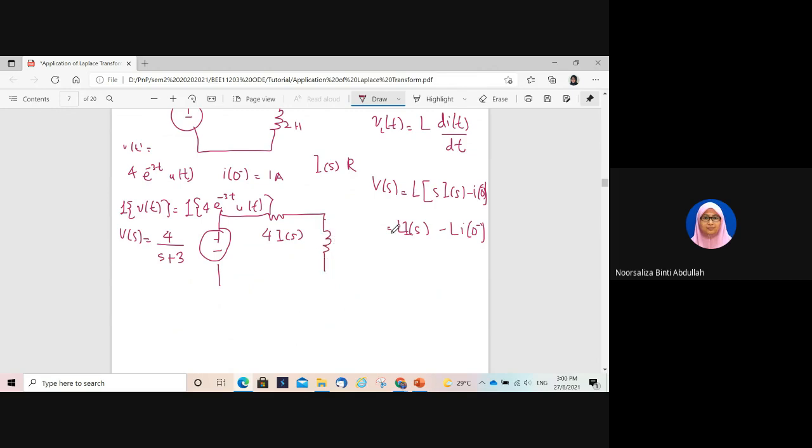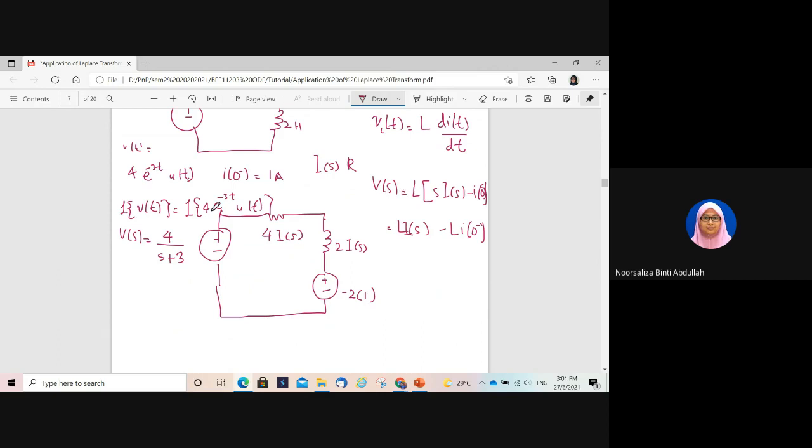So what is L? L is 2. So 2 IS. Here you have plus minus. This one L is 2, so minus 2. I0 minus is 1, so minus 2.